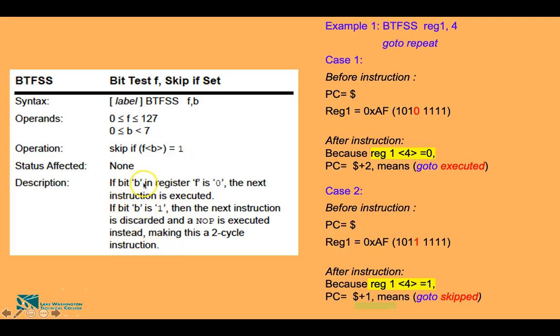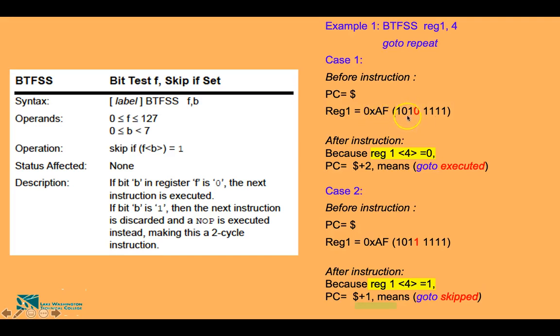If bit B in register F is 0, the next instruction is executed. If bit B is 1, then the next instruction is discarded and a NOP is executed instead, making this a 2-cycle instruction. Now here we have an example: BTFSS register 1, 4, go to repeat. Before the instruction, the register has this value AF.